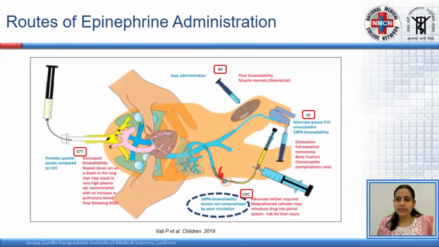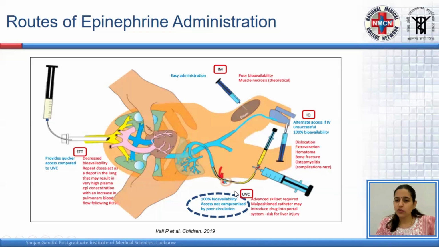When epinephrine is instilled, it is recommended that it should reach the central venous circulation rapidly. So the most effective and the fastest way of providing epinephrine is intravenously, via the umbilical venous catheter, which has 100% bioavailability.